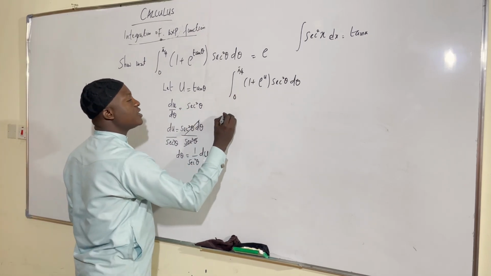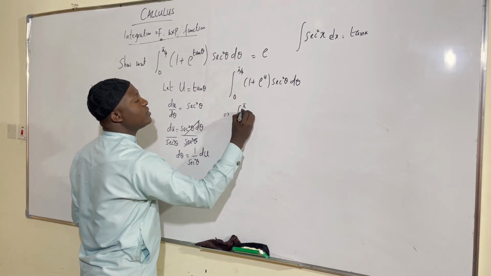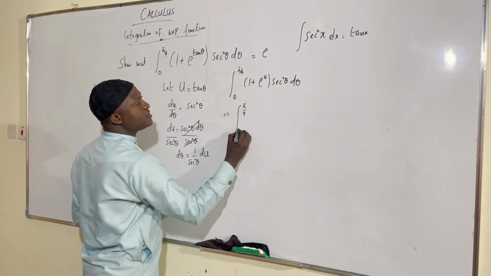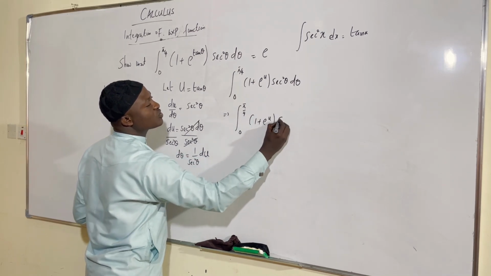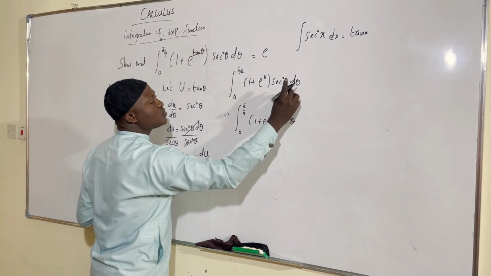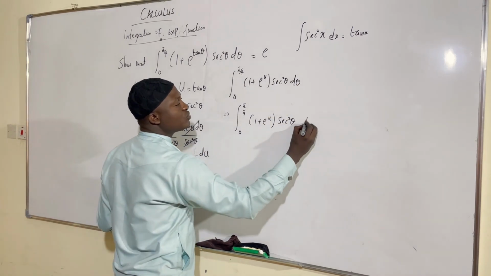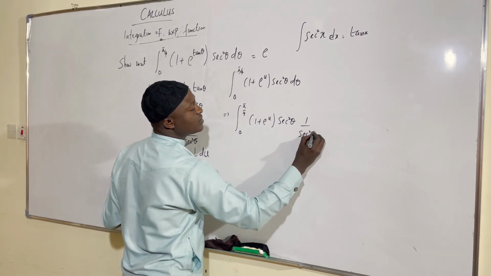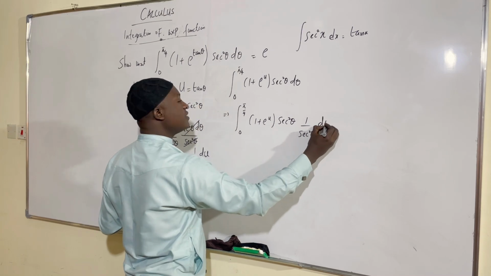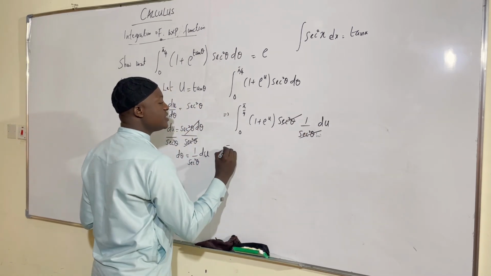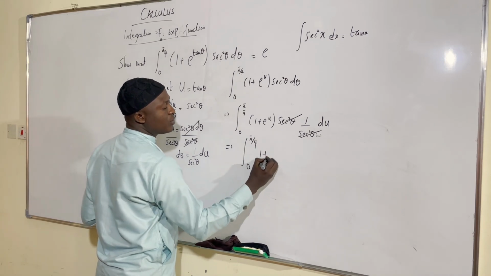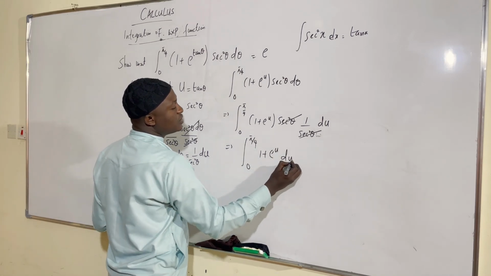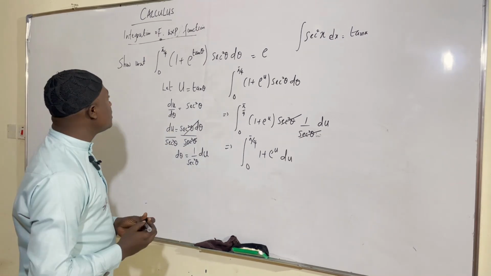Down here we have the integral from pi over 4 to 0 of 1 plus e raised to the power of u, sec square theta. Now our d theta is nothing but 1 over sec square theta du. So this cancels this. Then here we have the integral from pi over 4 to 0 of 1 plus e raised to the power of u du.